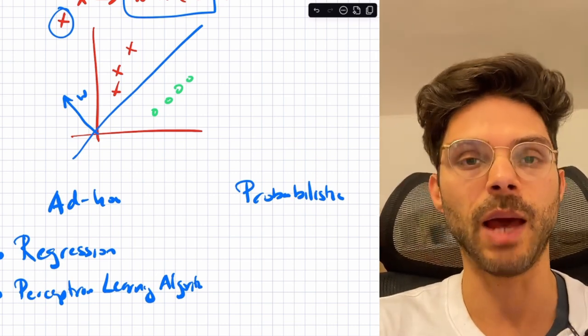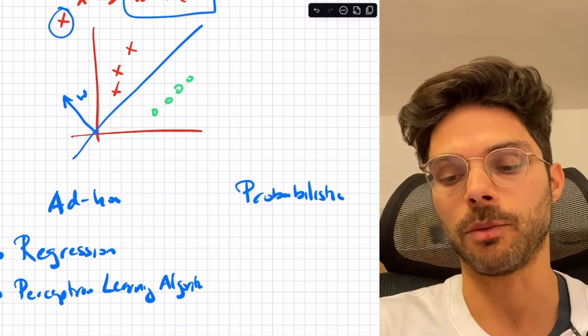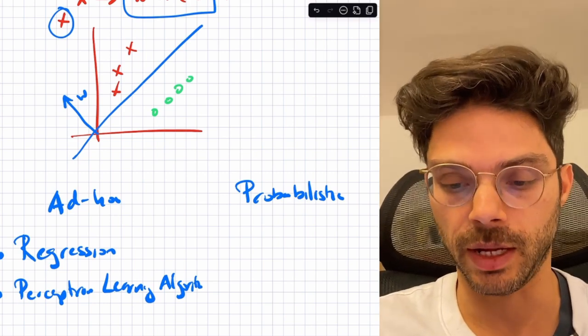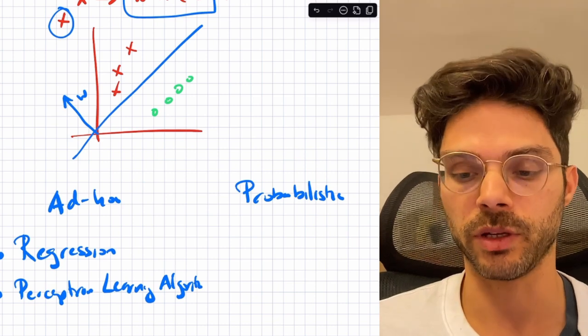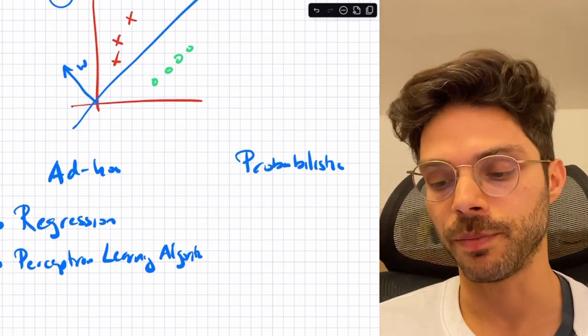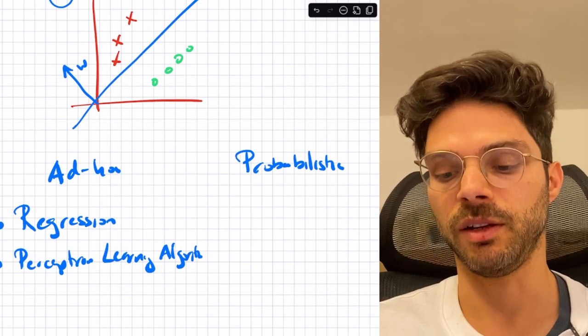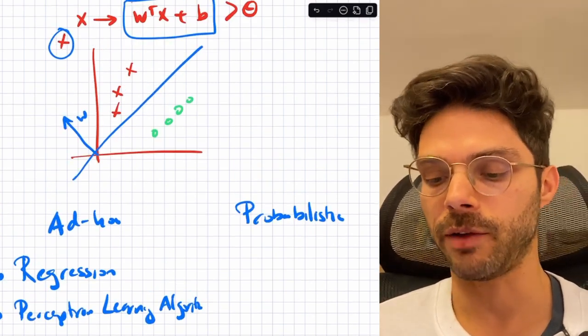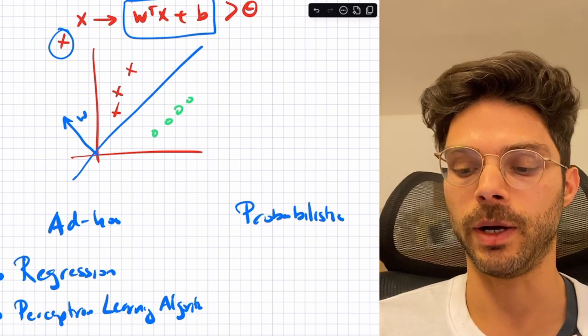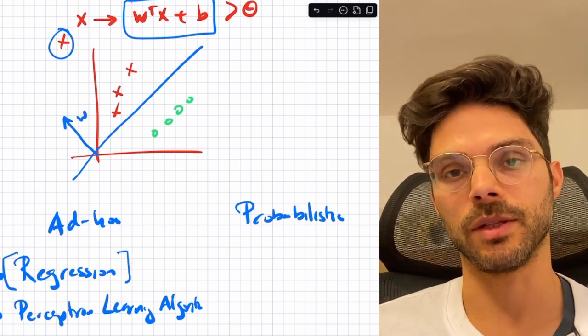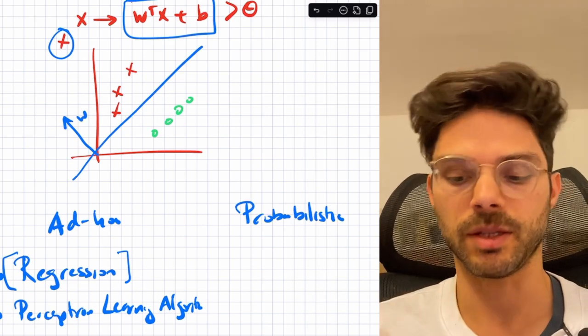And if you do that enough times, and there actually is a separating hyperplane, the perceptron learning algorithm will converge and find such a hyperplane. So it's an iterative process. It doesn't necessarily correspond, I don't know if it does, I actually have to check this, but it's not so obvious as in the regression case that it corresponds to minimizing some loss function.